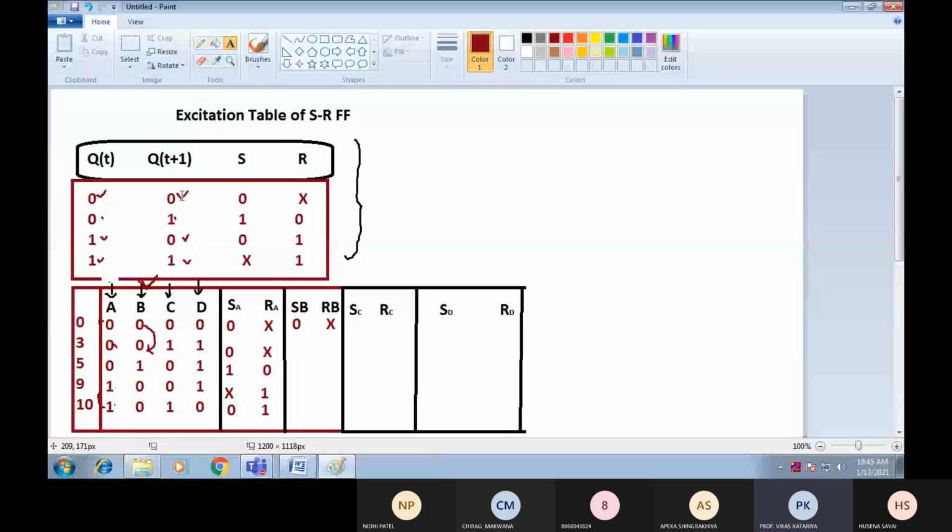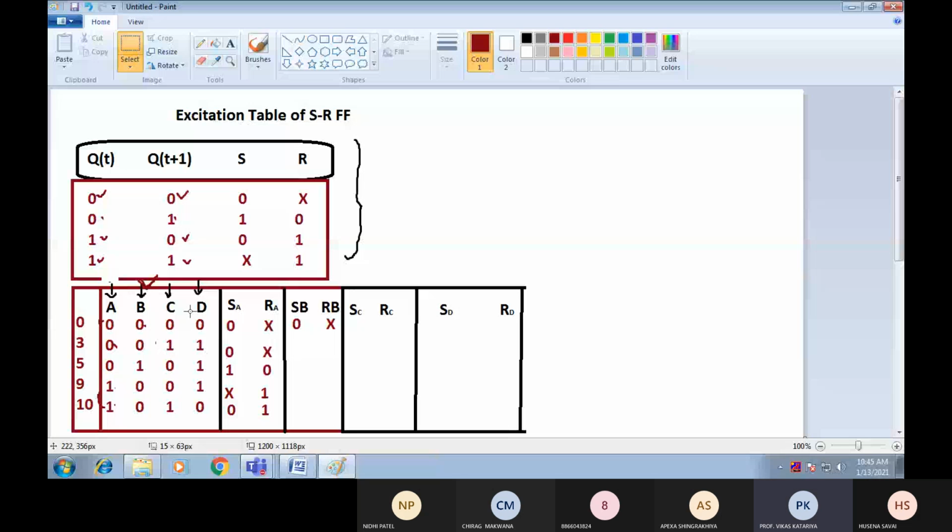Now present state is 0, next state is 1. So 0 and 1 gives input 1 0.